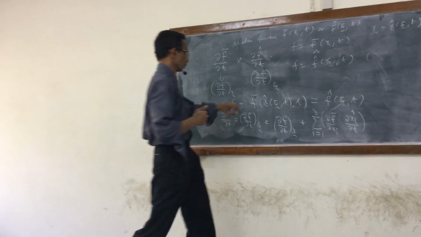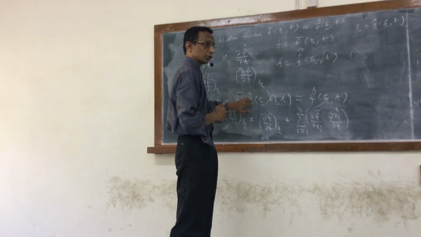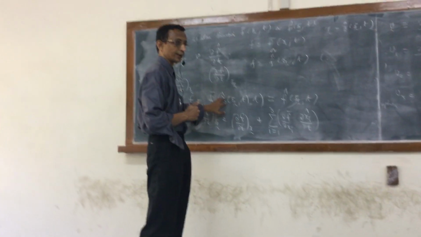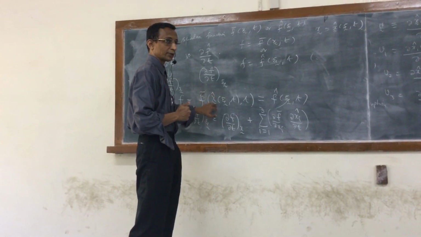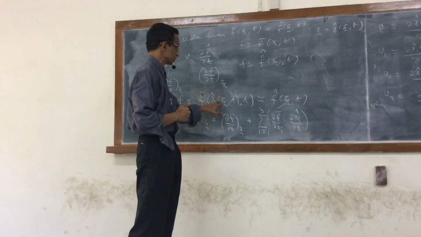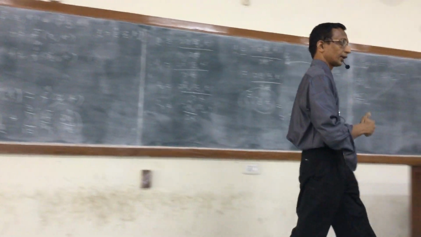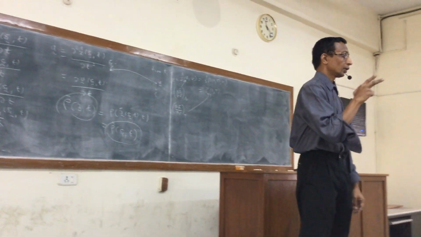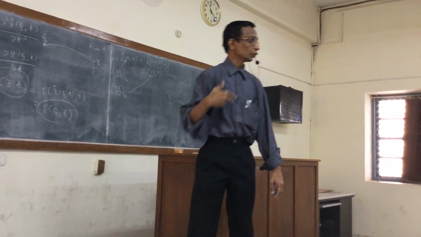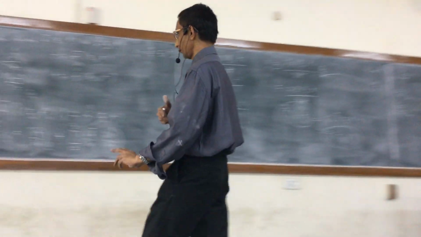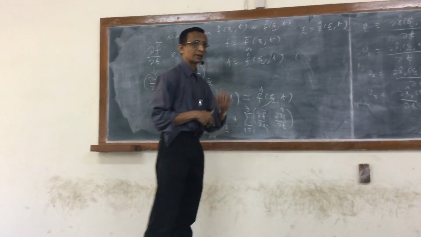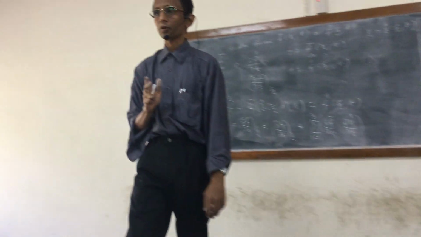This is the chain rule. The original variables are x1, x2, and x3. My derivative is with respect to time, so I have to differentiate x with respect to time. First take the derivative with respect to x, the original variable. Now the new variables are psi and time. The derivative is with respect to time. So this is the form that the chain rule would take.